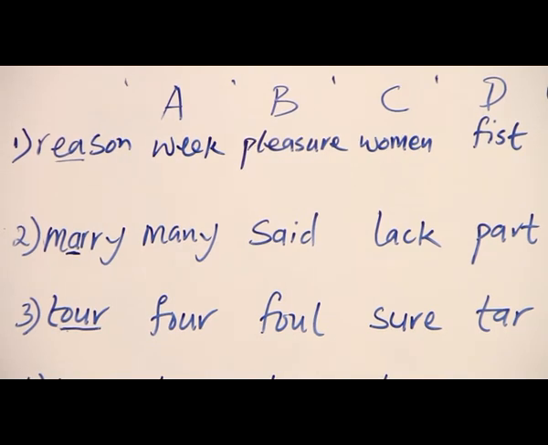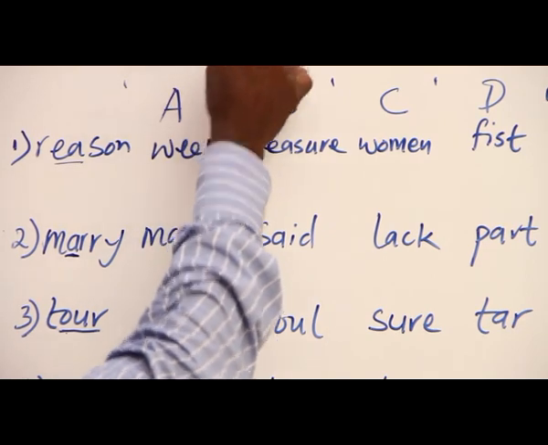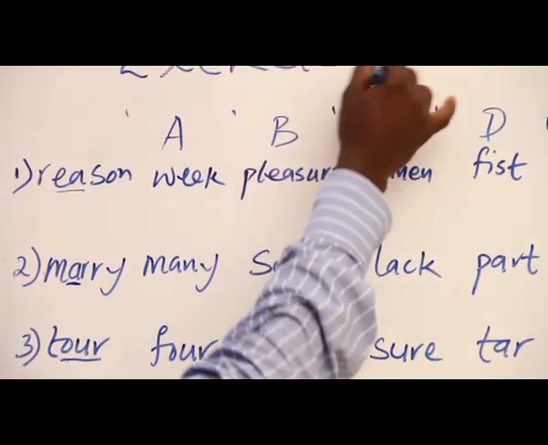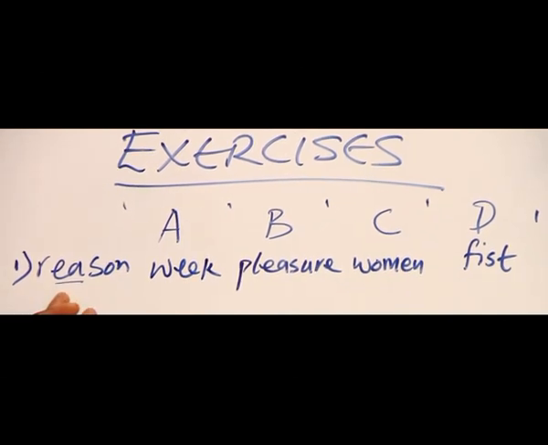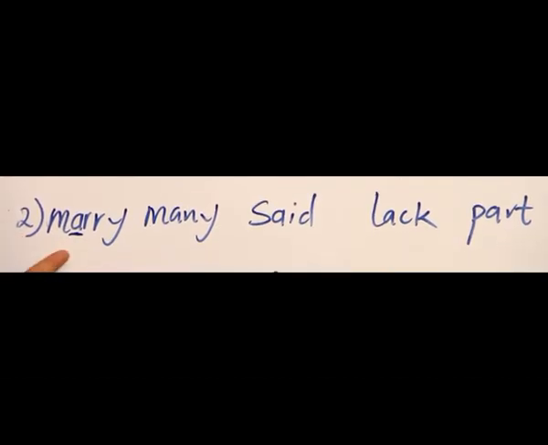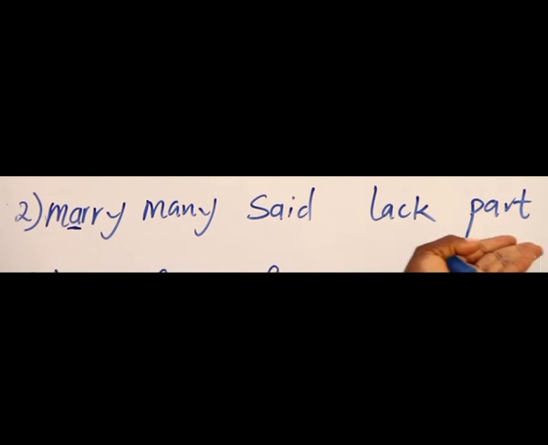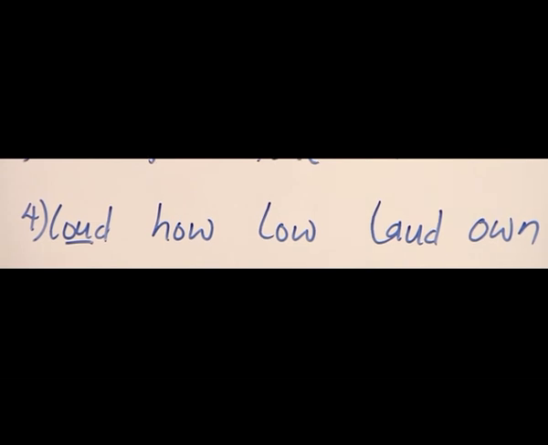These are questions as exercises for you. We have question 1. Look at the given word and your options. Question 2, the given word and your options. Question 3, the given word and your options. Question 4, the given word and your options.